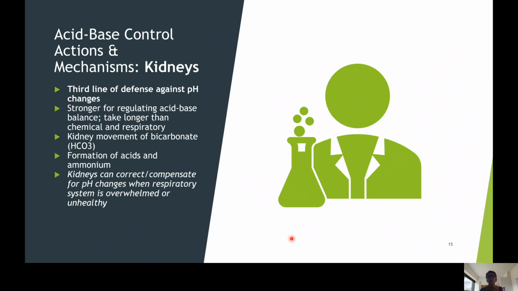And then the other thing that our kidneys do, which are fabulous, we talked a little bit about acid-base imbalance and acid-base ABGs, arterial blood gases, in the respiratory section. The kidneys are that third line of defense against pH changes in the bloodstream. So you've got the buffer system, then you've got the respiratory system, and now you've got the kidneys.